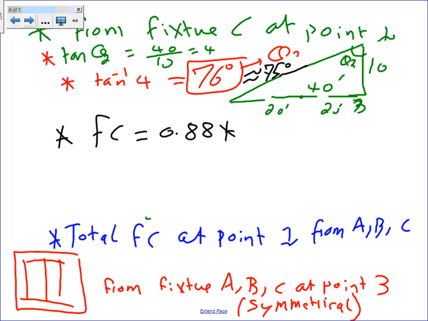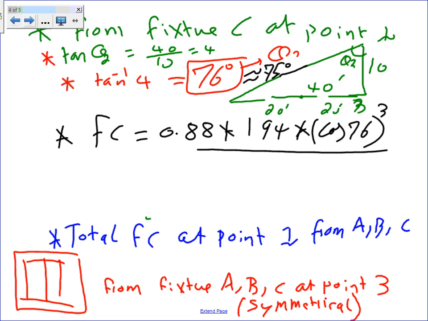So from 75, what's the contribution, guys? At 75? 780. At 194. 194? 194. Okay. You're right. Multiplied by cosine 76 raised to the power 3 over 10 to the power 2.